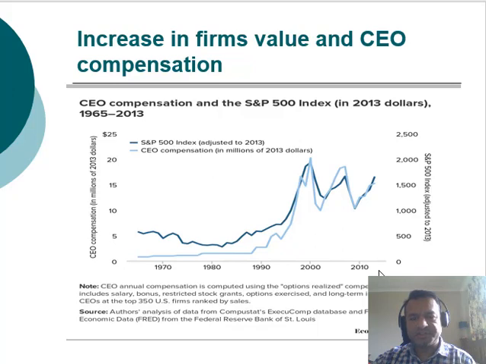In this slide, we can see that the CEO compensation in millions of dollars of 2013 has increased significantly, and it is moving in the same direction as the company value. For S&P 500 index companies, when the company value increased, at the same time CEO compensation has also increased, and it is statistically significant.